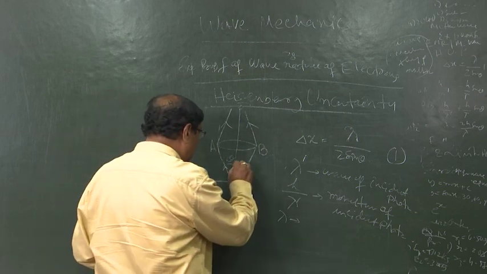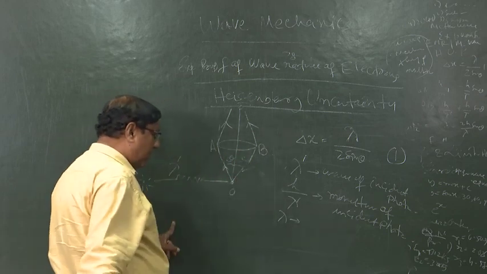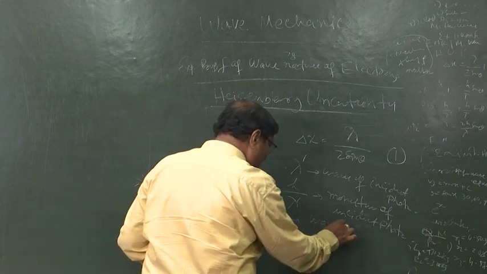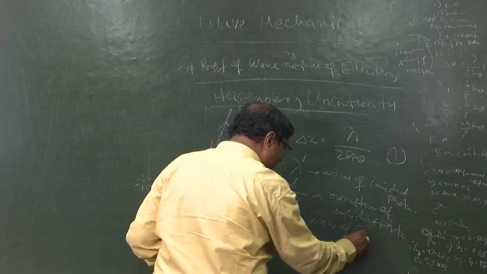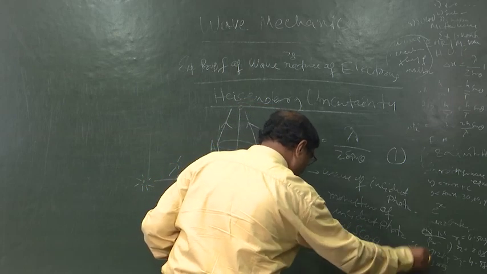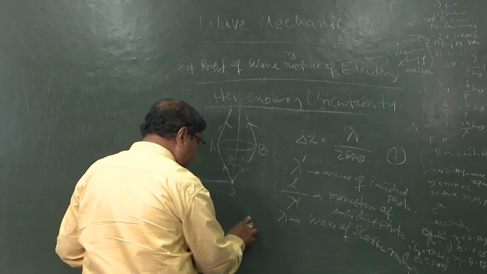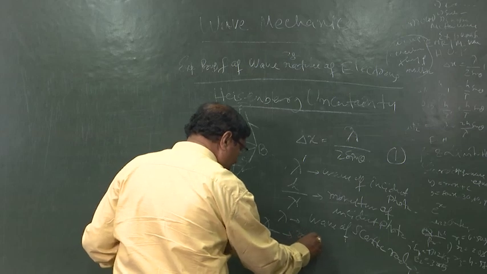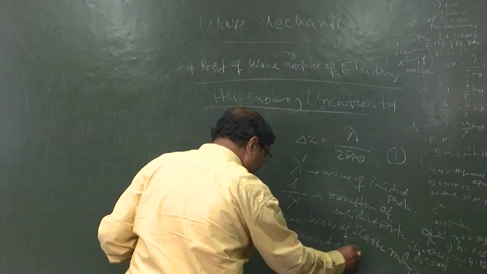So h by lambda is the momentum of the scattered radiation.